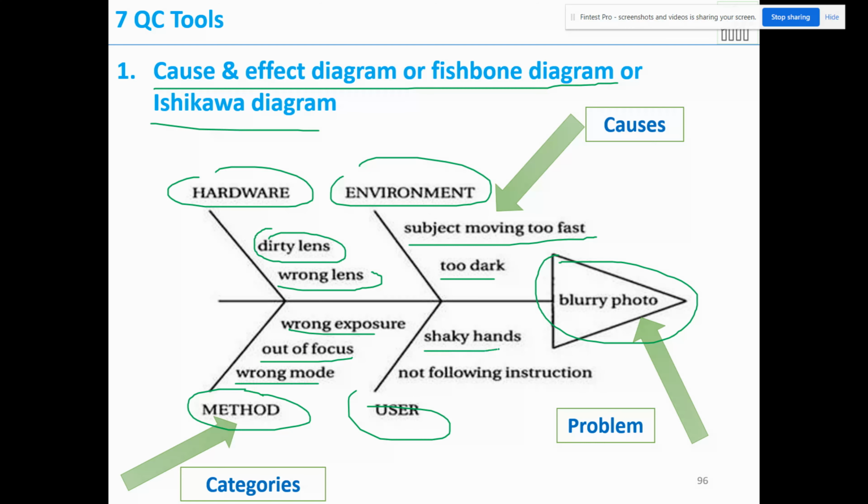Then coming to the user: shaky hand and not following instructions. So they have predicted, for each category, the potential causes that may affect the blurry photo. These are the causes and this is the effect of the problem. We'll inspect all these potential causes and find out because of which the blurry photo is happening. That is a simple example of a cause and effect diagram.